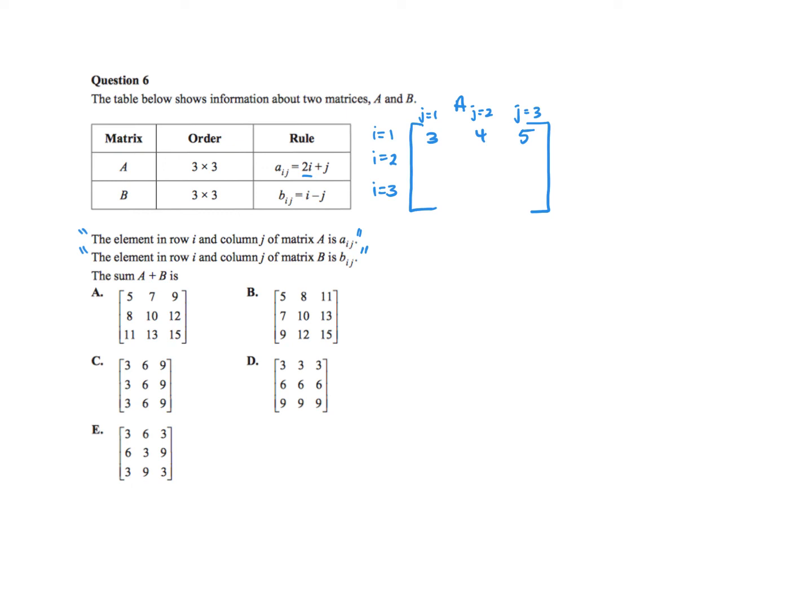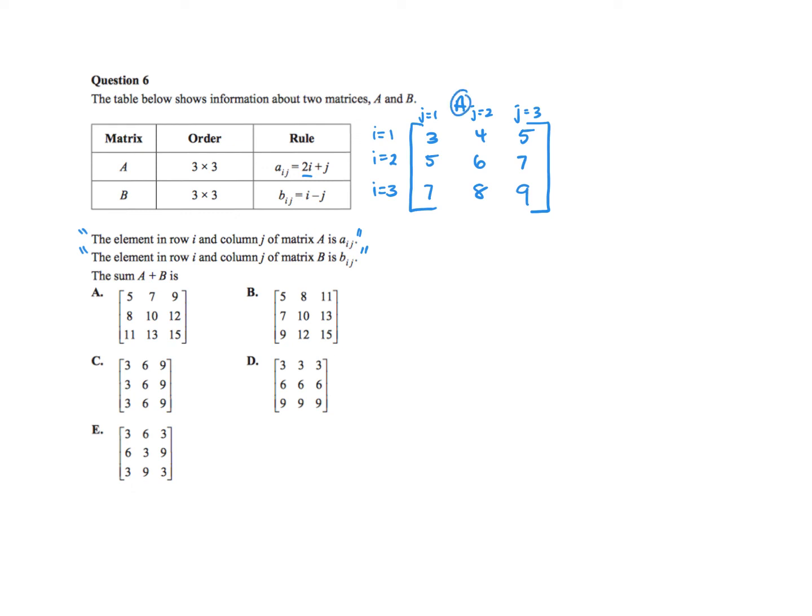So 2 times 2 is 4, plus 1 is 5, and 4 plus 2 is 6, and 4 plus 3 is 7. And then I've got to do the last one. So 3 times 2 is 6, then plus 1 is 7. So 6 plus 2 is 8, and 6 plus 3 is 9. So that's A. Got matrix A going.